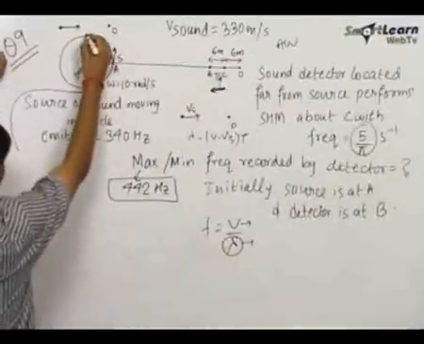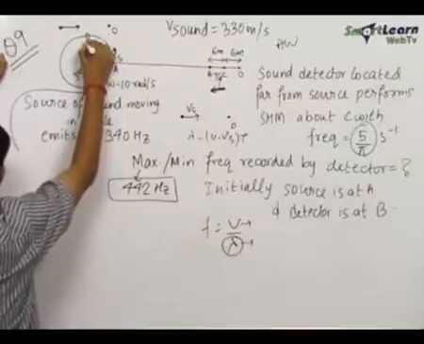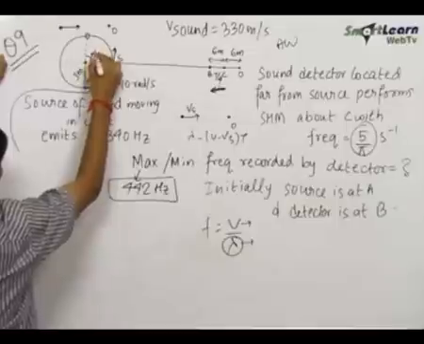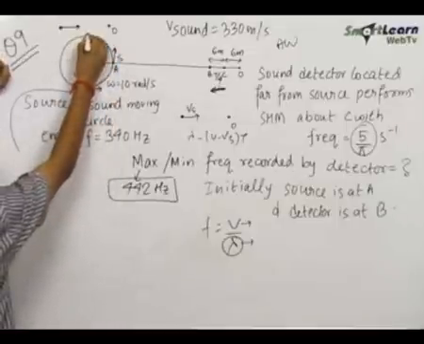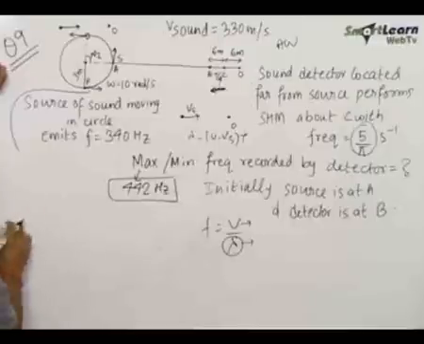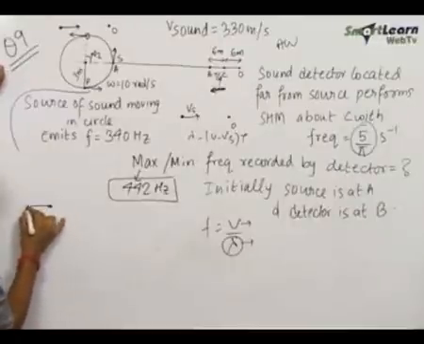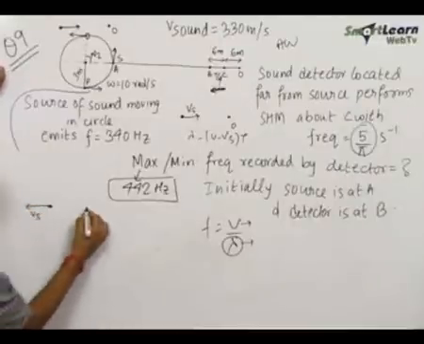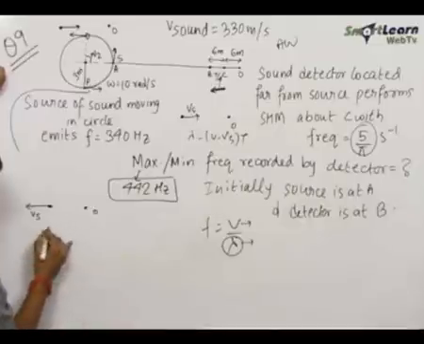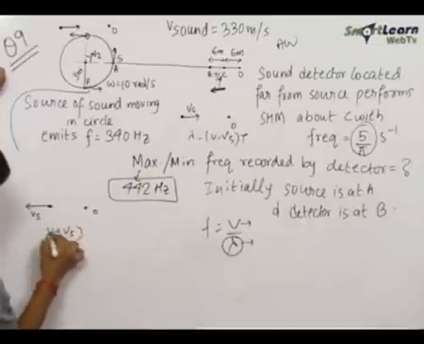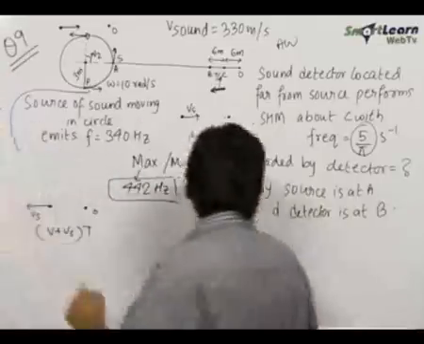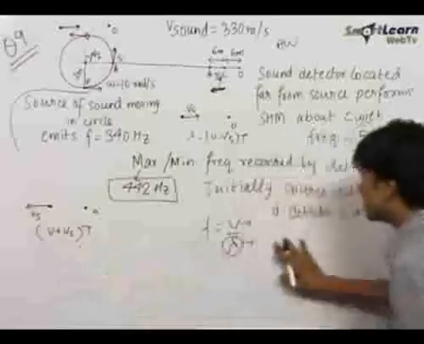So let us check this point, that is at pi by 2. Now at this point, the velocity of source is like this. Now whenever the source is moving away from the observer, then the wavelength is v plus vs into T, that is the wavelength is maximized.